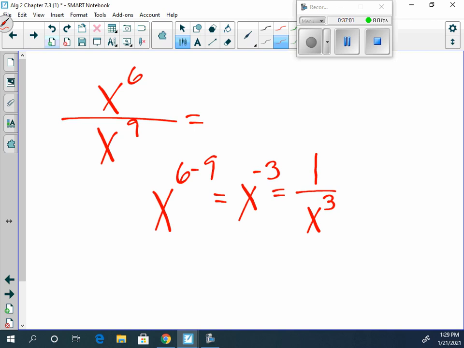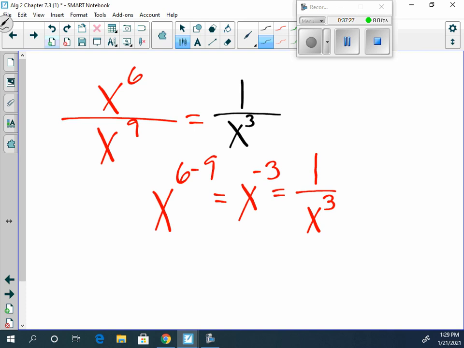So to make an exponent positive, we move it from the numerator to the denominator. Well, okay, let's do it the other way that I was talking about. So we're subtracting, yes? 9 minus 6 is what? 3, yes? Is it bigger on top or bigger on bottom? Bottom, yes? So it's going to stay on bottom.